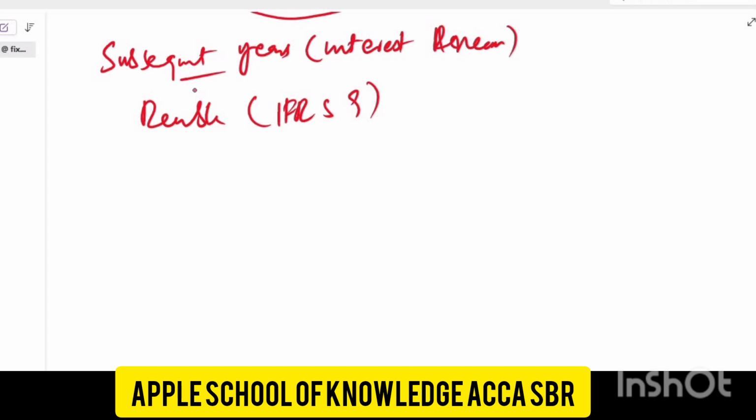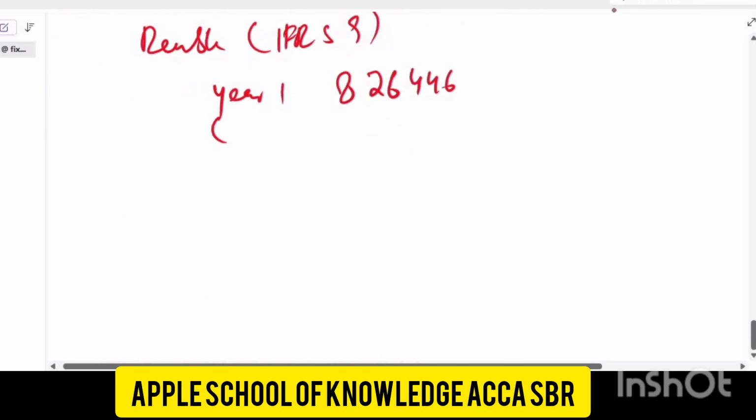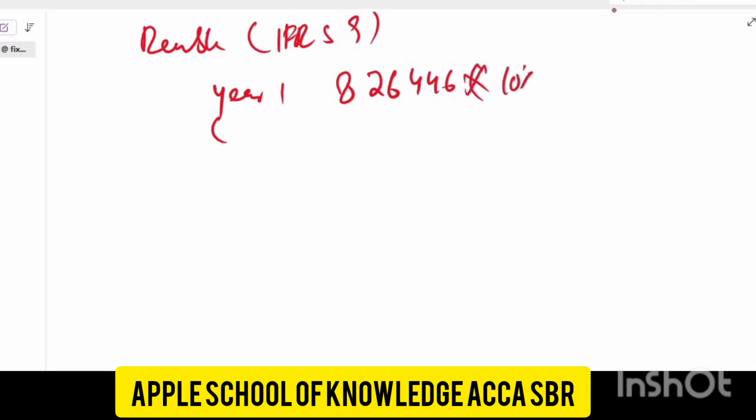Okay, for year 1, this is 826,446. Let's say this is 2001, so it will be 2002, and that amount is multiplied by 10%, so you will get this amount. You can also check by yourself. This is the first recognition of interest income, and then for the second year do the same. Clear?